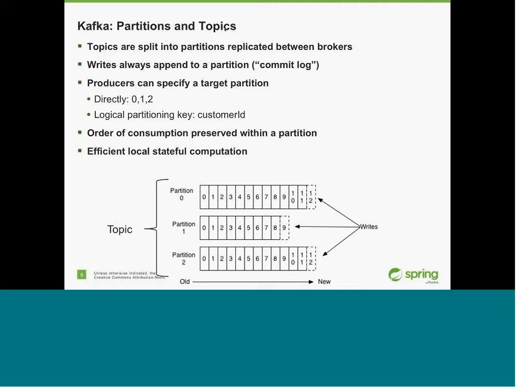For example, we can make sure that all the data for a specific customer is written to a given partition, which is actually very important, as we will see later, in that it enables stateful processing of data, especially in a distributed environment, where, for example, if you're trying to aggregate data for a specific customer, it's very important that a processor doesn't read data from all partitions, only the one that actually has data for that specific customer.